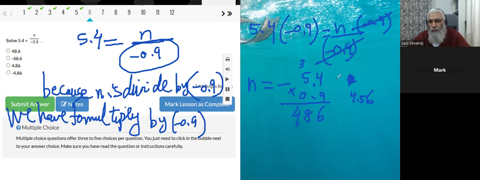We have one decimal place here and one decimal place here, so the result will have two decimal places, which is 4.86. And it is negative. Negative 4.86.